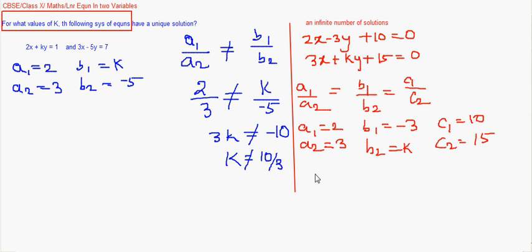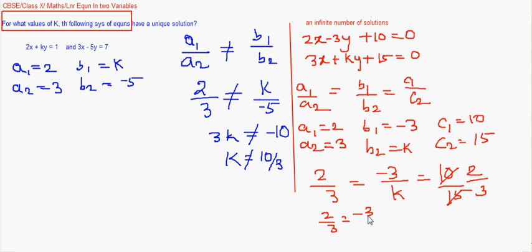So 2 by 3 equals minus 3 by k equals 10 upon 15. This 10 upon 15 can be expressed as 2 upon 3. So 2 upon 3 is minus 3 by k. If you cross multiply, 2k is equal to minus 9, so k is equal to minus 9 by 2. In this case, the given pair of equations will have an infinite number of solutions.